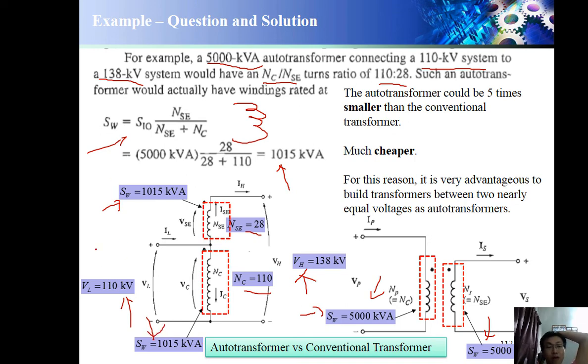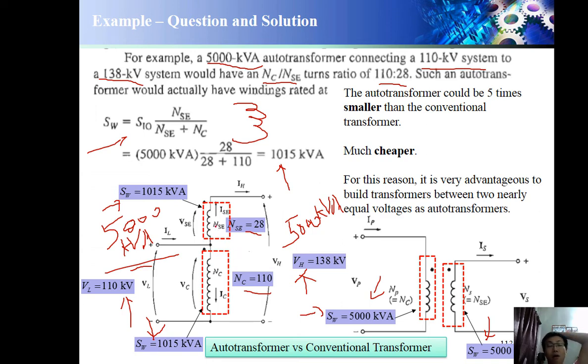But the power traveling from input to output is 5000 kVA, which means it can send 5000 kVA from the input side to the output side.